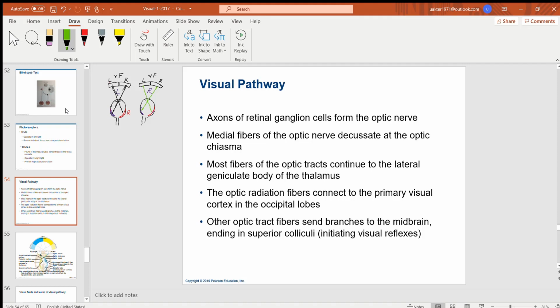Makes sense, right? So that's how the light will fall on the retina.